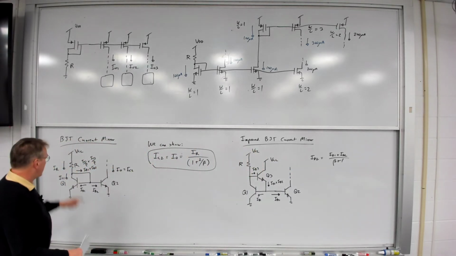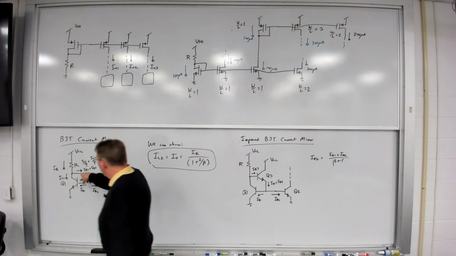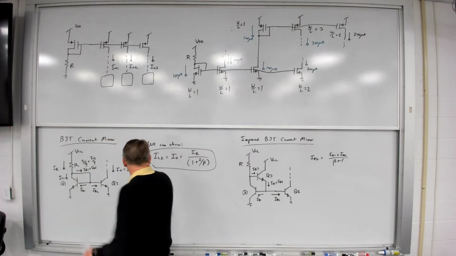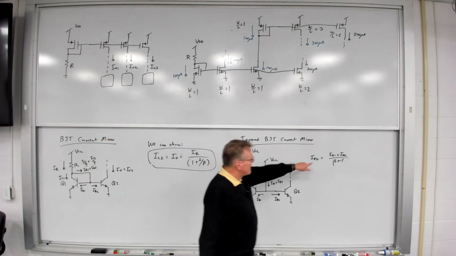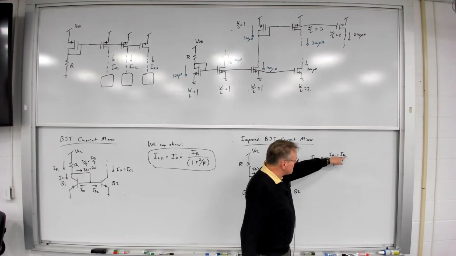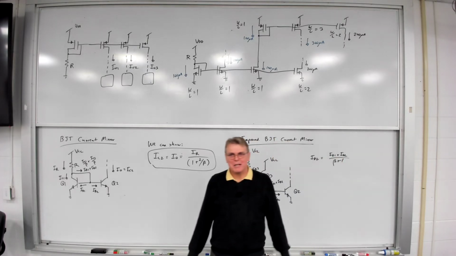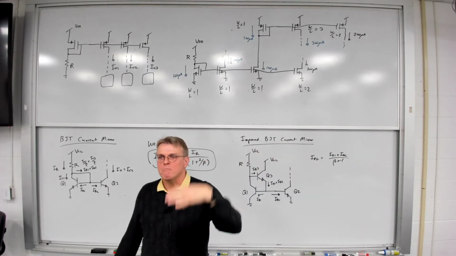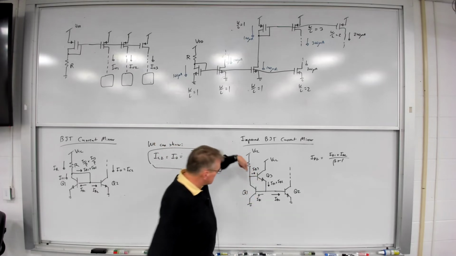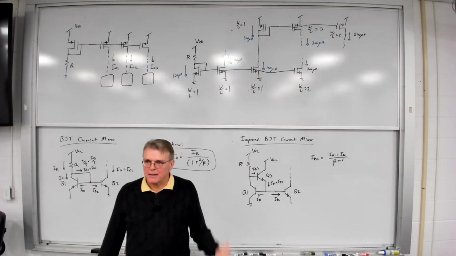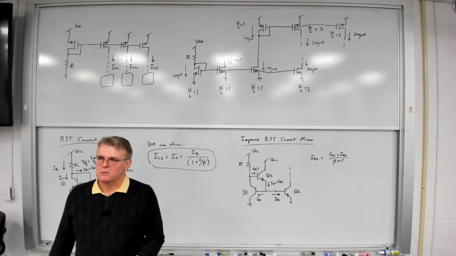So now I had here IB1 plus IB2. Now I've got IB1 plus IB2 divided by beta plus 1. So that current that's being pulled off of that node has been dramatically reduced by the presence of that Q3 transistor.